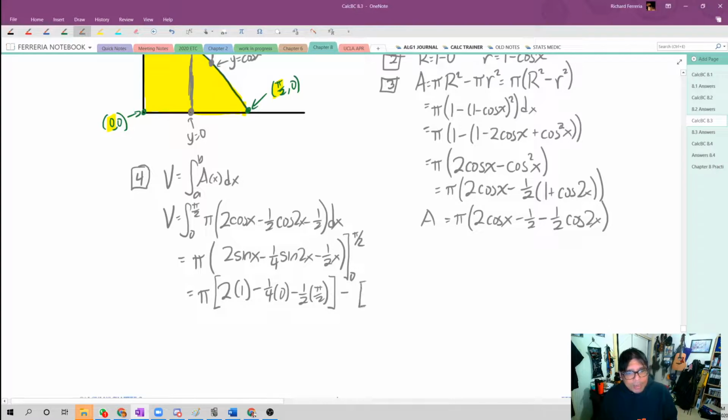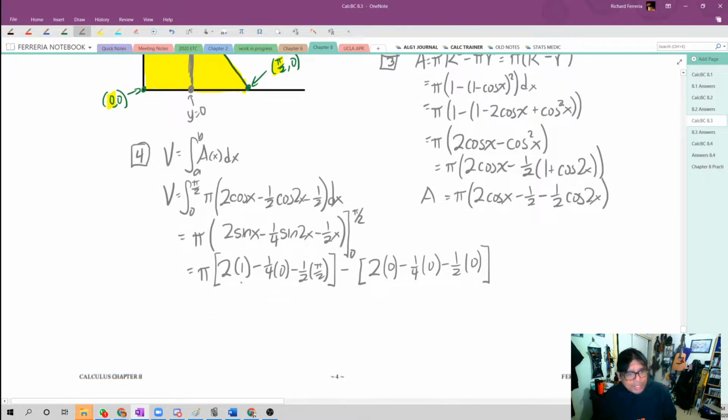Minus the second substitution, which is 2 sine of 0, which is 0. Minus 1/4 sine of 2 times 0, which is sine of 0, which is again 0. Minus 1/2 of 0.) So this time, the second substitution gives me a 0, but that's not always the case. And we just need to simplify this first one, which is 2 pi minus pi squared over 4.